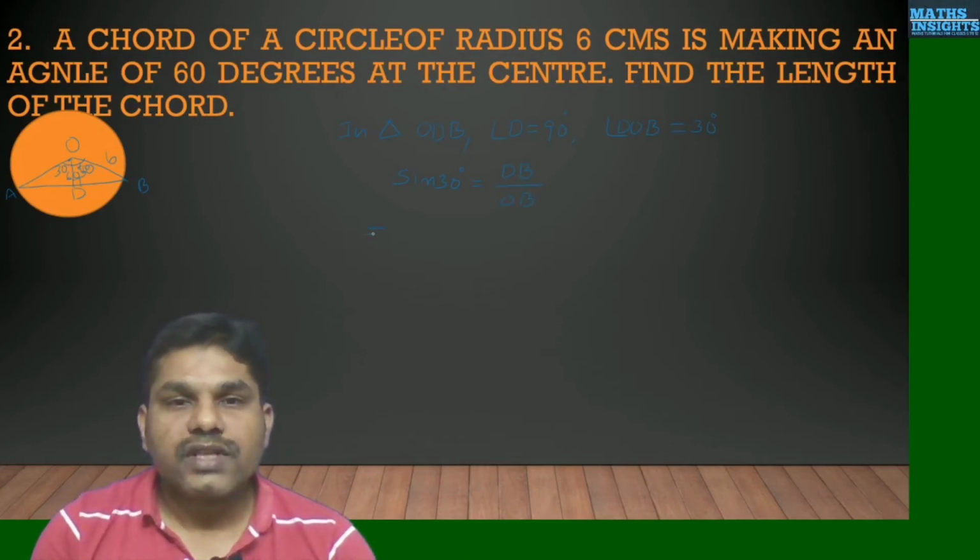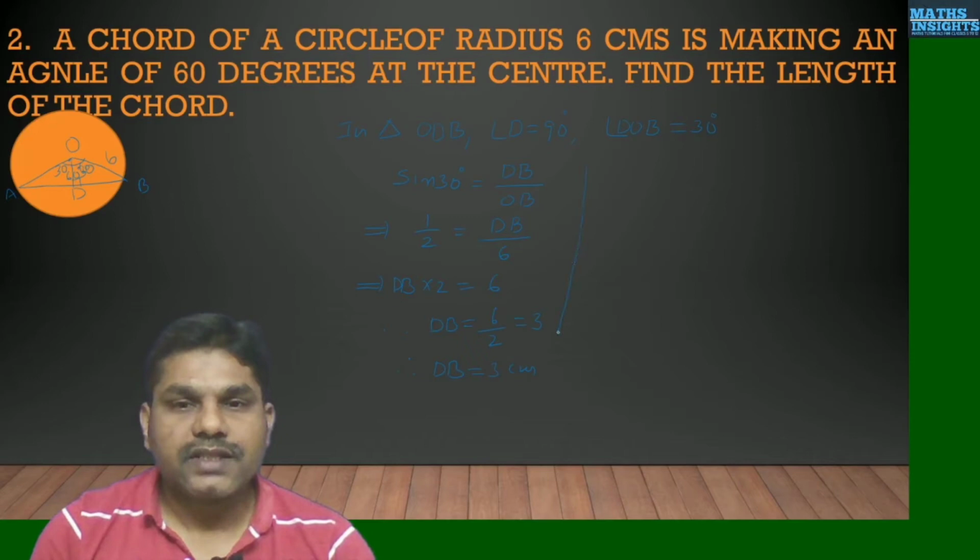You know sine 30 degrees is 1 by 2 from the table. Next, you have to find DB, and OB is 6. So on cross multiplication, DB into 2 is equal to 6. Therefore DB is equal to 6 by 2, which is 3. Therefore DB length will become 3 centimeters.